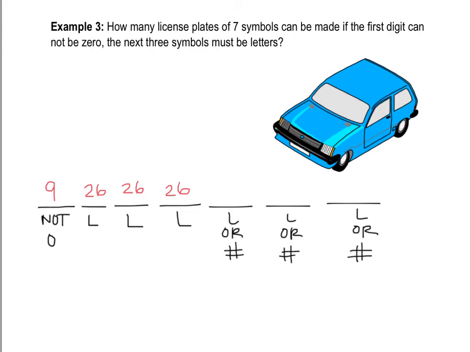Then for this last one, if it can be a letter or a number, there's 26 letters, and there's 10 single-digit numbers if we include 0 for that one. So in that case, there's 36 possibilities. Then using the fundamental counting principle, we know that we would multiply all of those together to get the total number of license plates. So let me write the answer. This is a whole lot of license plates.